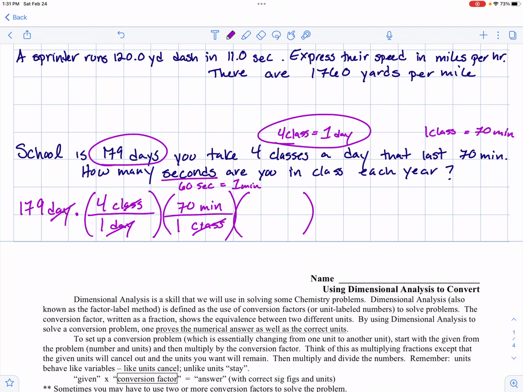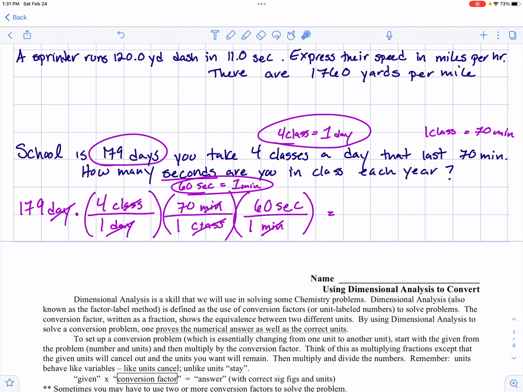Well, we know that every 1 minute, and I want to get out of minutes and into seconds, so I'm going to use that as my conversion factor. Every 1 minute is 60 seconds. So minutes will cancel, and I'll be left in seconds. So when I do all of my math all the way across, it's going to be 179 times 4 divided by 1 times 70 divided by 1 times 60 divided by 1.